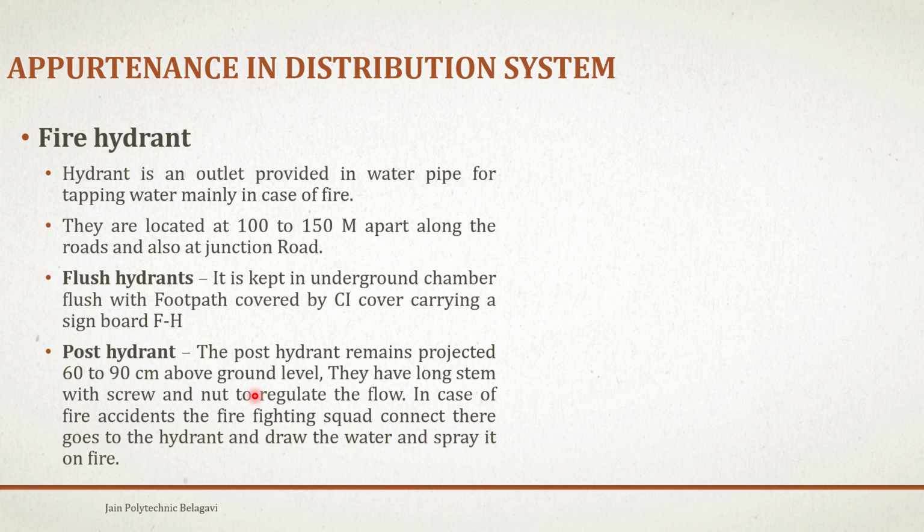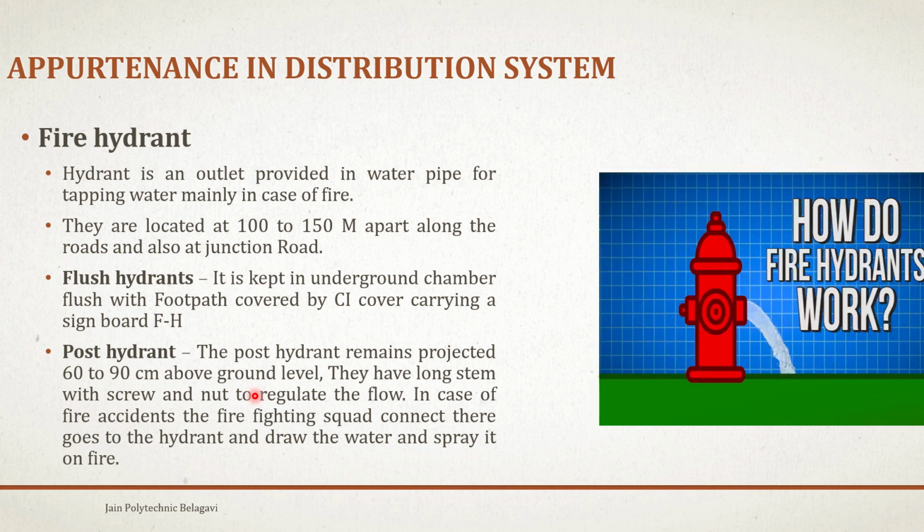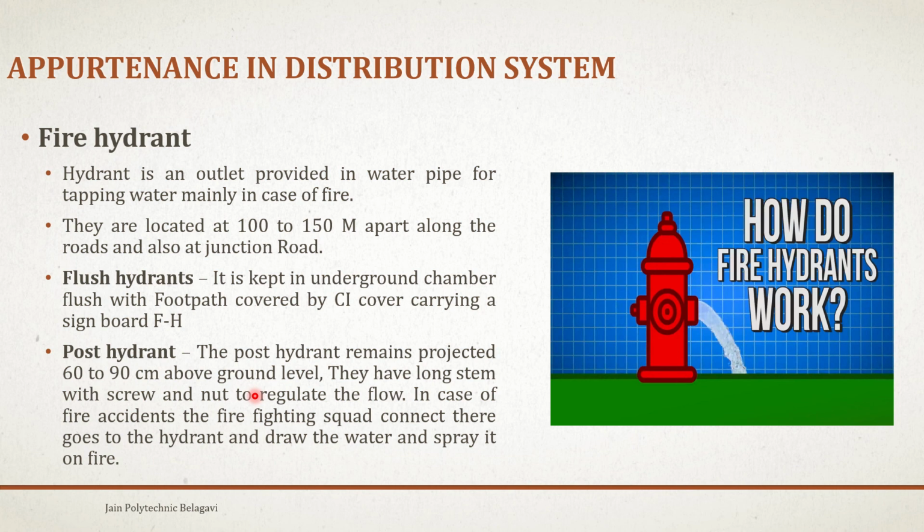They have a long stem with screw and nut to regulate the flow. In case of fire accidents, the firefighting squad connects their hoses to the hydrant, draws the water and sprays it on the fire. There is one more video, you'll understand how this fire hydrant works.